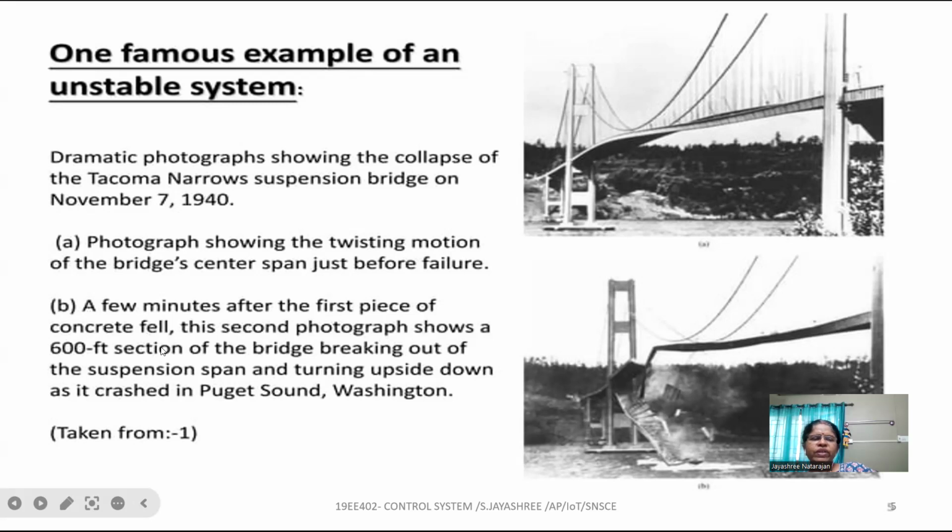The second photograph shows a 600 feet section of the bridge breaking out of the suspension span and turning upside down as it crashed into Puget Sound in Washington. So this is a state of an unstable system.